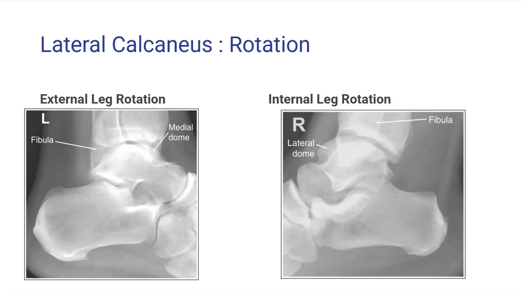So you want to take a look at the positioning of the talar domes, whether they're superimposed, whether or not we can identify the tibiotalar joint space being open. The talocalcaneal joint space should be open, and the positioning of the fibula to determine whether there is any rotation.